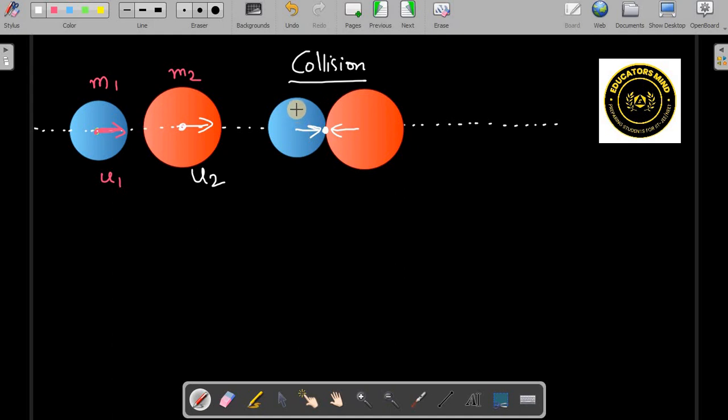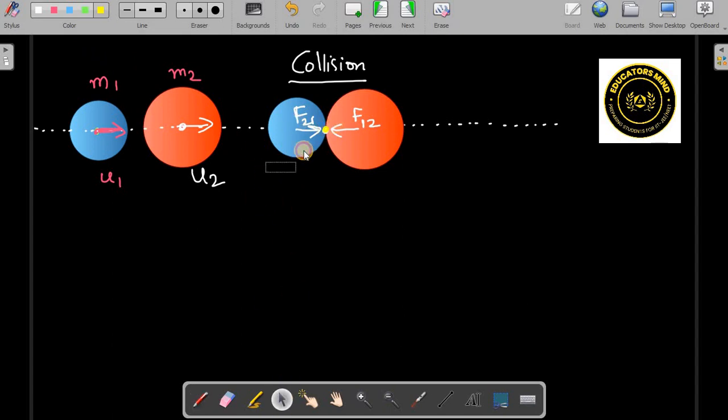So this force which I am drawing here is the force F2 and this is the force F1. You may say F12, force due to 2, F21 due to 1, or you may write this as F of 2 due to 1 and this as F of 1 due to 2.